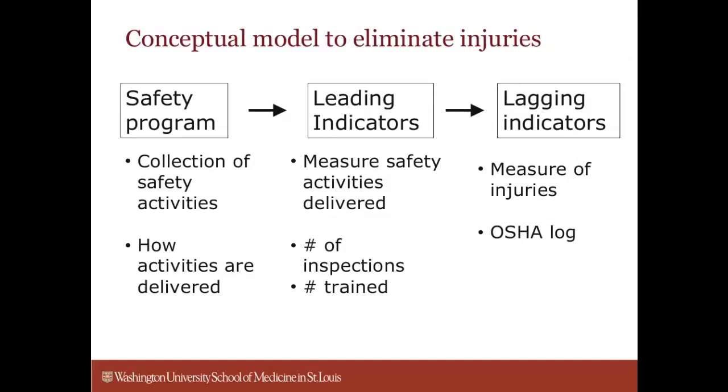Examples of leading indicators may be the number of inspections that are performed to show that the workers did or did not follow through with the safety activities on the job, or the number of individuals that were trained in a particular technique. And of course, lagging indicators are recorded on the OSHA log. So using this framework, we're going to go forward and talk about an ergonomic program.